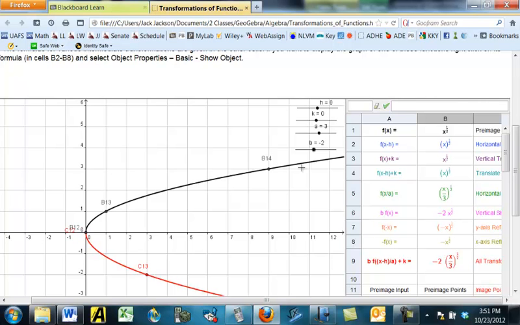So we're going to divide by negative 2 in the formula; in the actual table, what we're going to do is multiply by negative 2. So now y was 1 up here, now it's at negative 2. So this is still the image of that one here.